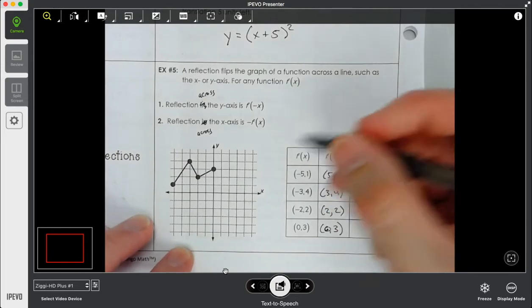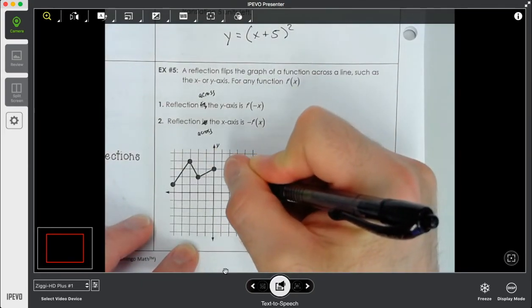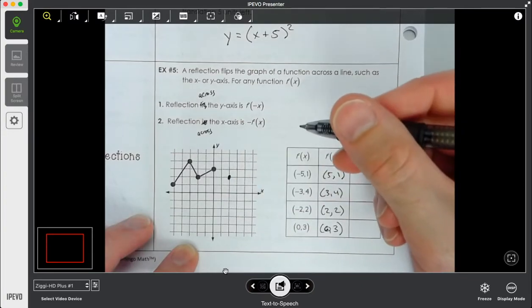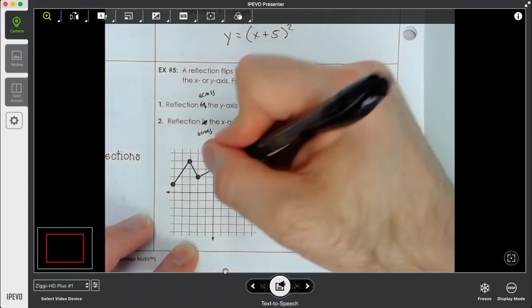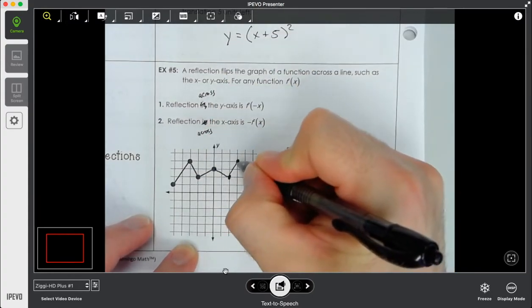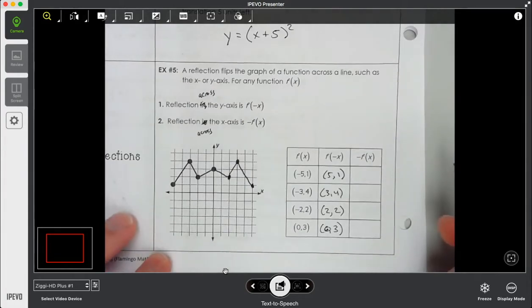And so I'm going to graph these points, 0, 3, 2, 2, 3, 4, and 5, 1. And so as we draw this, we can see how it was reflected across the y-axis.